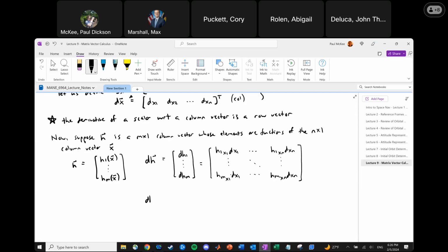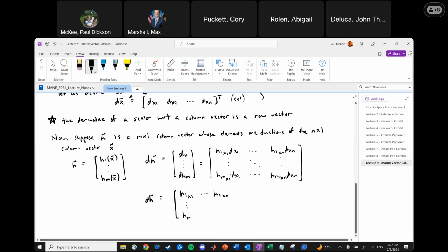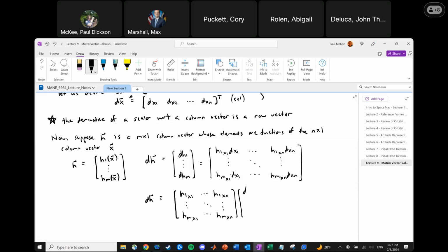dH is equal to, I'm going to write this as h1 sub x1, h1 sub xn, hm sub x1, hm sub xn. And there's our matrix. And this is going to be dx1 all the way down to dxn.